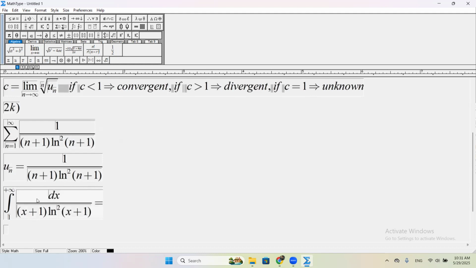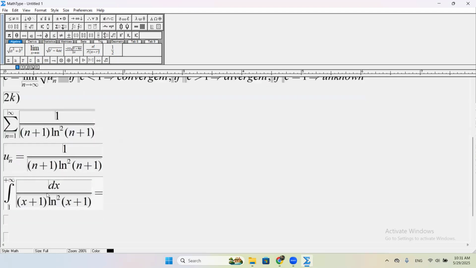The idea of the integral Cauchy test is: if the integral is convergent, the series is convergent as well. If the integral is divergent, the series is divergent. Here we see the differential of the logarithm: dx over this expression is the differential of the logarithm.